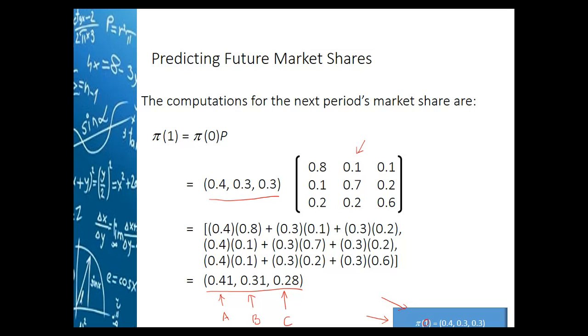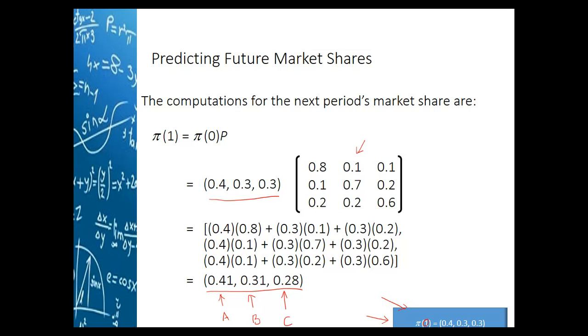If you capture one period ahead, store A increases its valuation, instead of 0.4, now it becomes 0.41. The same thing happens for store B. Instead of starting with 0.3, now it becomes 0.31. What about C?